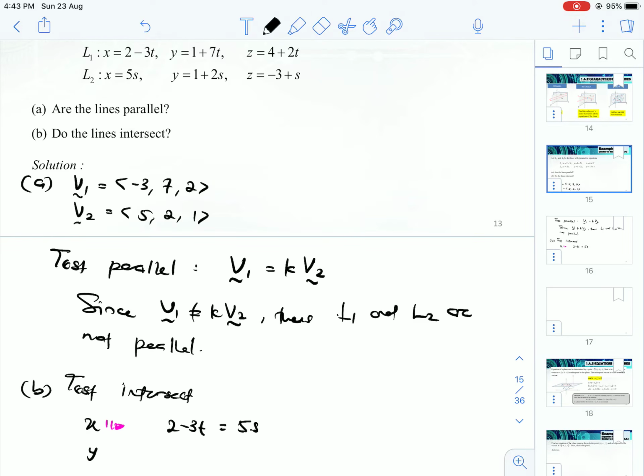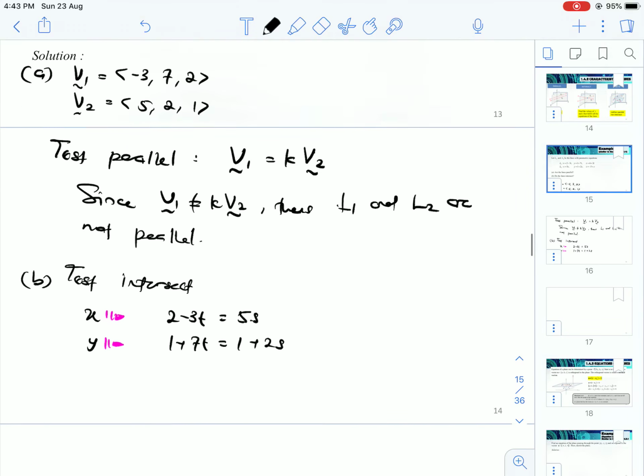For y, we have 1 plus 7t equals 1 plus 2s.